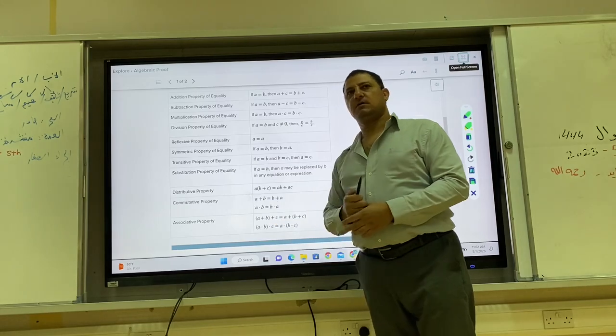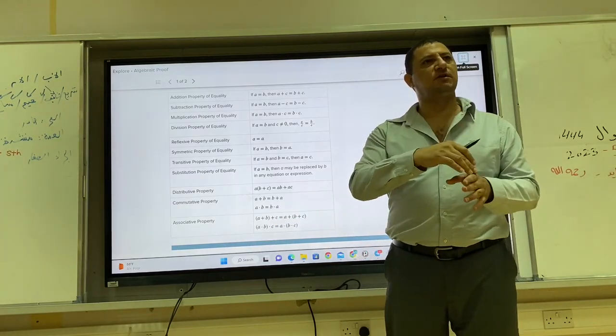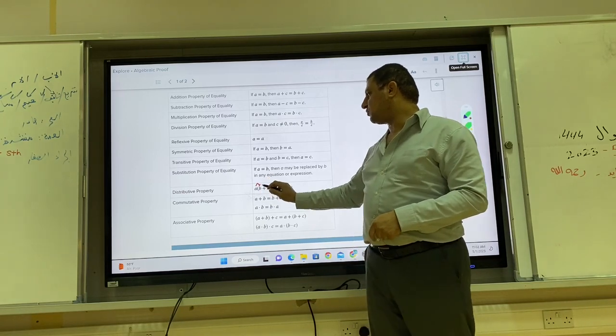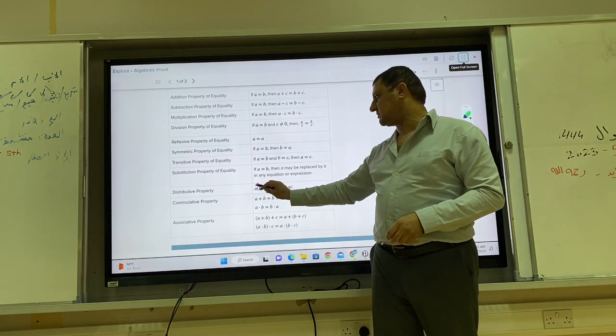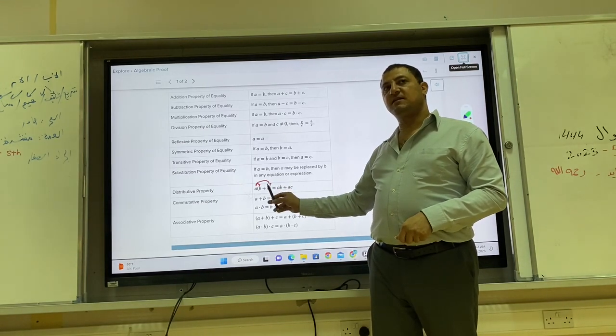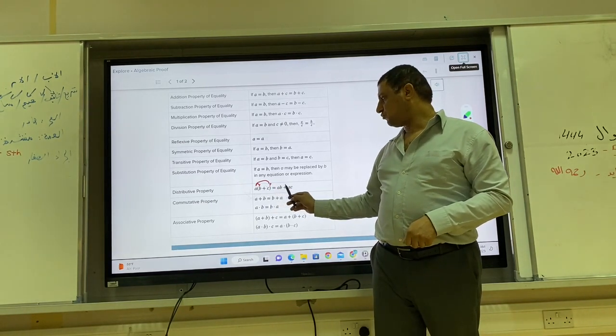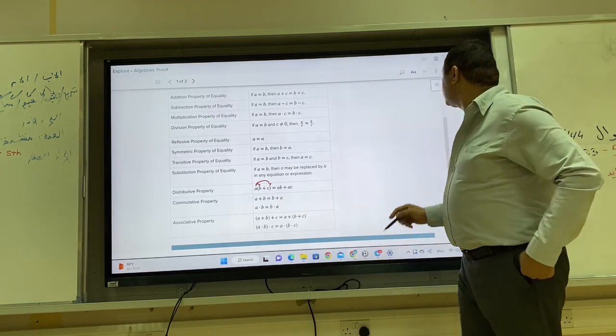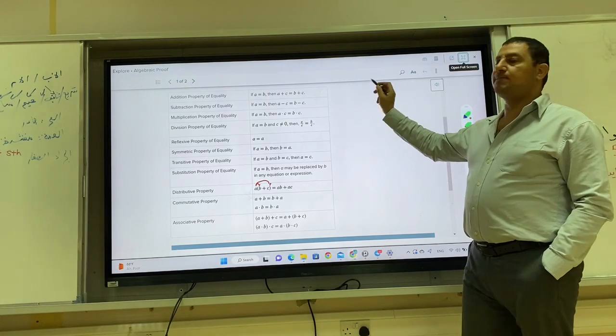Distributive property. This is to distribute multiplication over addition. So A is distributed to every term inside the parentheses. So A is distributed to B and C, which means that the sign in the parentheses will be the sign here, and the others will be multiplication. I can demonstrate this by example.